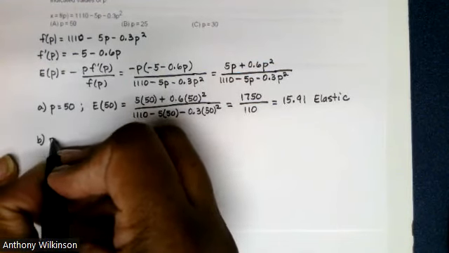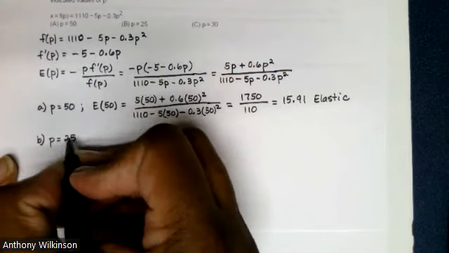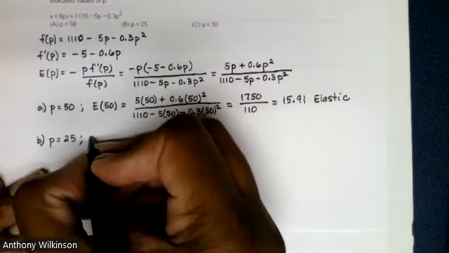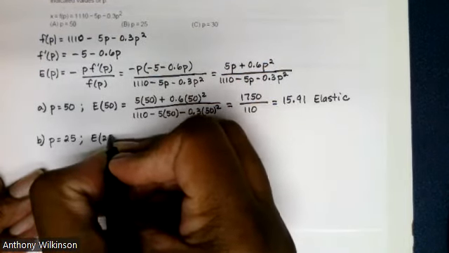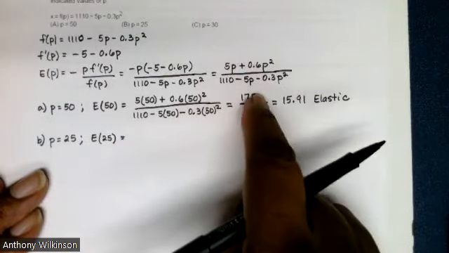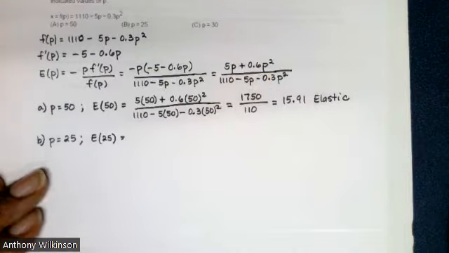Part B. What about P being 25? So that means E of 25. You're going to use the same E of P formula and replace each P with 25.